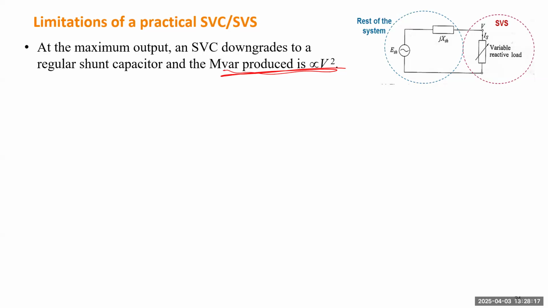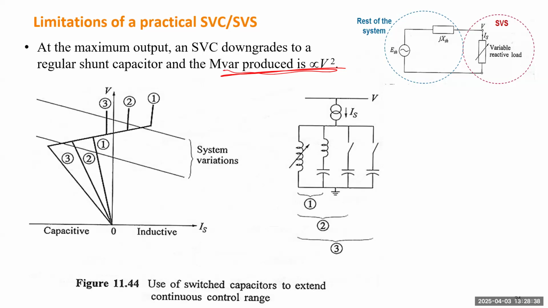If you use this simple model to study how the voltage can change, the left-hand side is just equivalent for the rest of the system with internal voltage and internal reactance. And this SVS or SVC will behave like an adjustable reactive load.